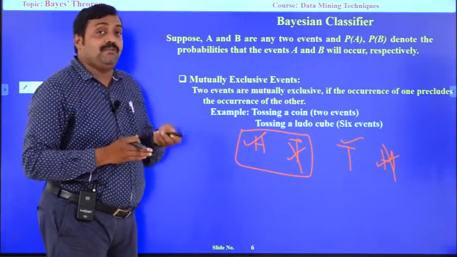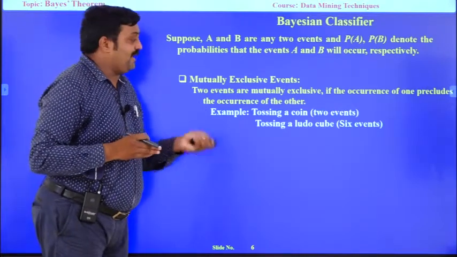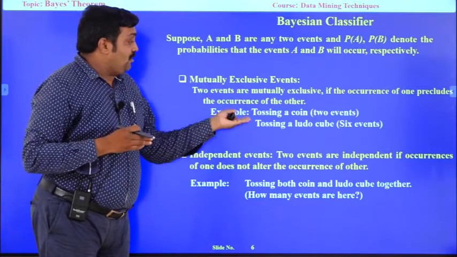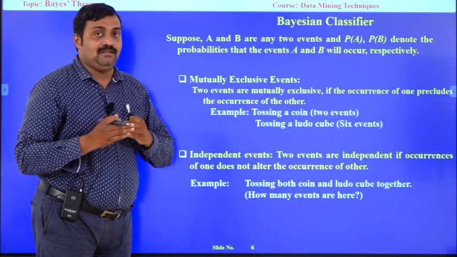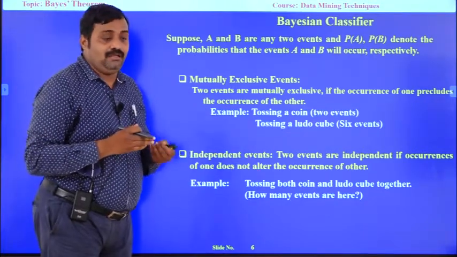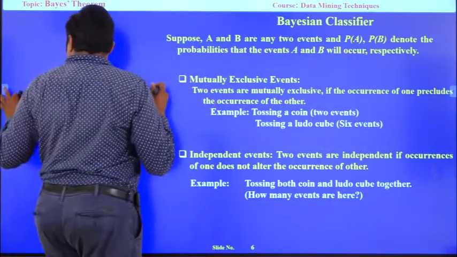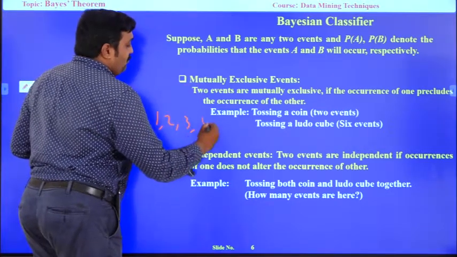We can take another example: rolling a dice. In the case of a coin, we have two outcomes, either head or tail. But when rolling a dice, there are 6 events: 1, 2, 3, 4, 5, 6.